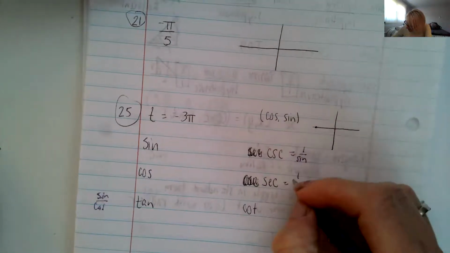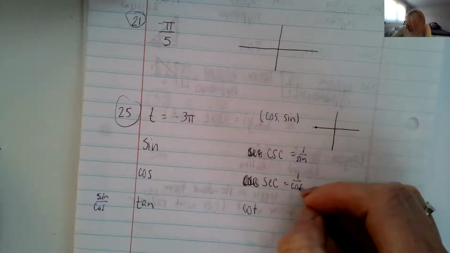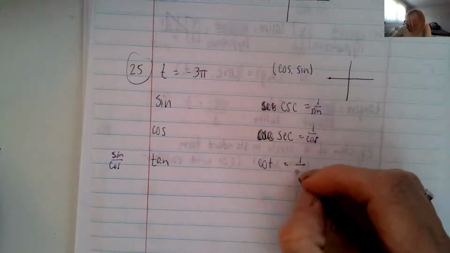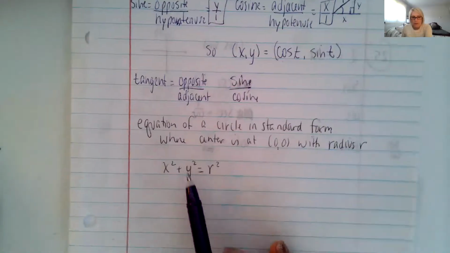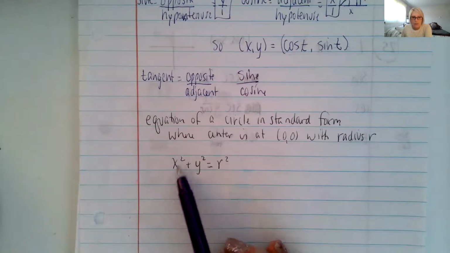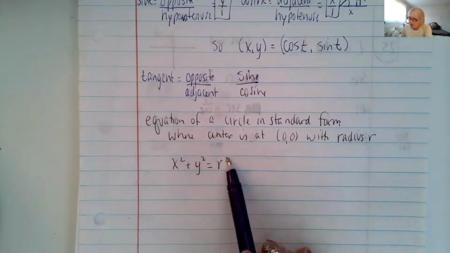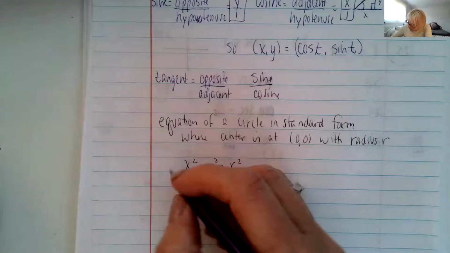And 1 over cosine is equal to secant. And then cotangent is equal to 1 over tangent. So we're going to use some of these pieces of information to help us find some things. But to establish all this, we're really using the equation of a circle, which is x squared plus y squared equals r squared. And that's how we're developing that.